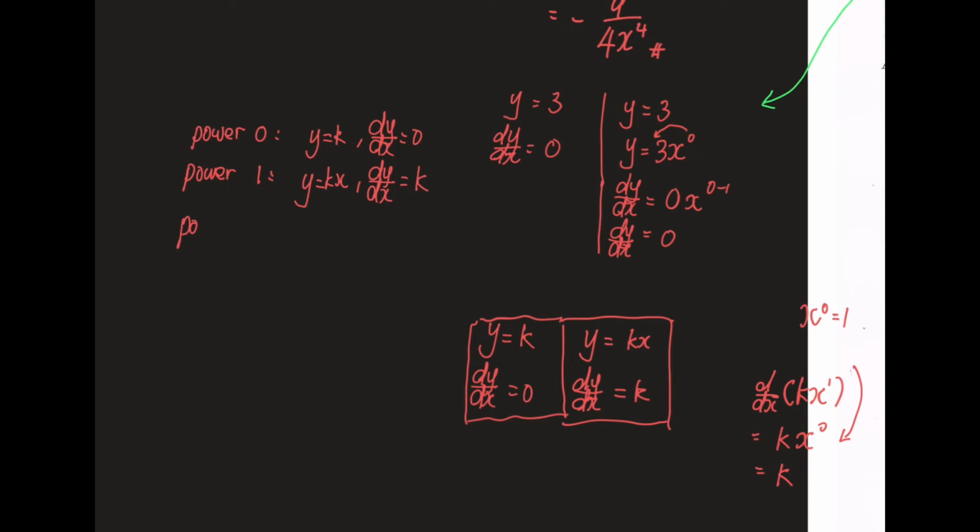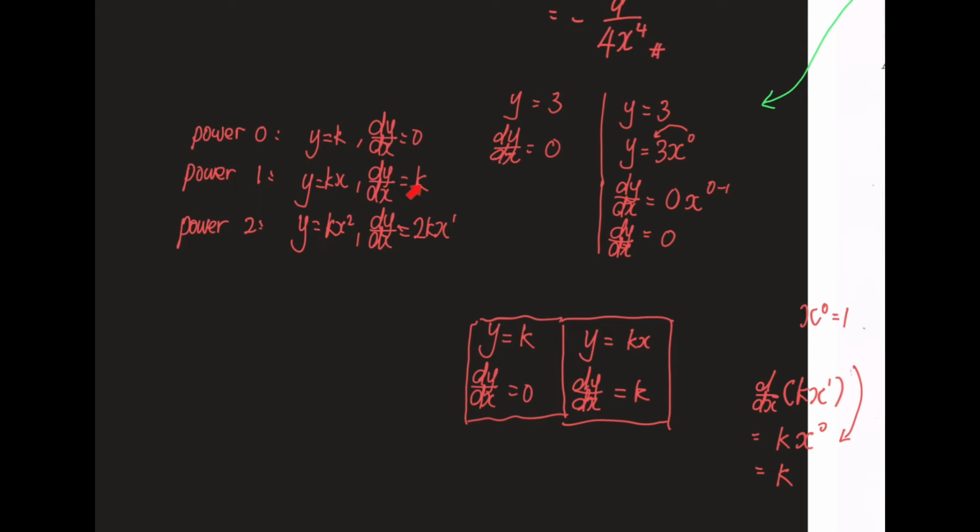If you have power 2, y equal to kx squared, dy dx equal to 2kx power 1.